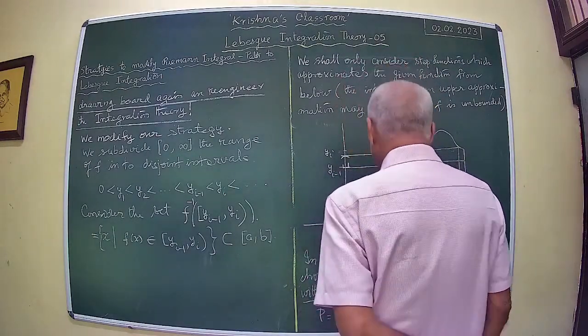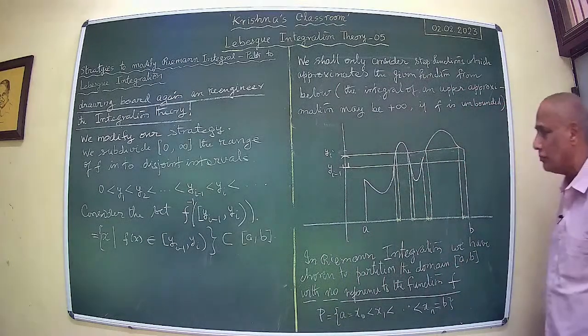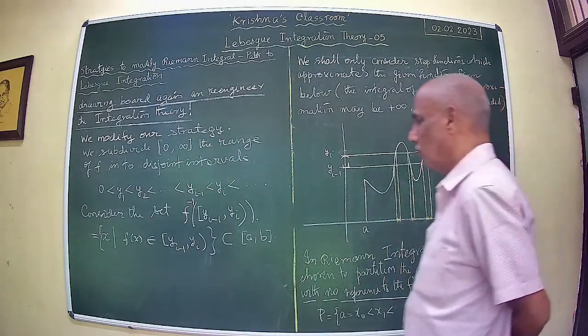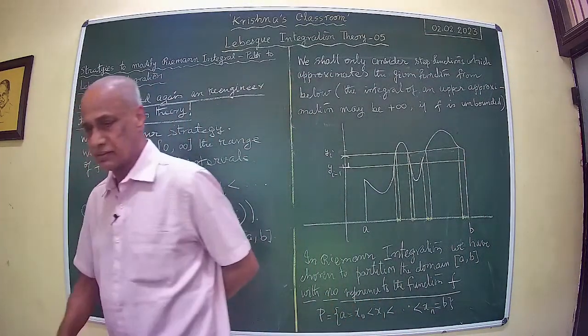Now you see, let us start approximating from below. So you see, on this set, what happens?